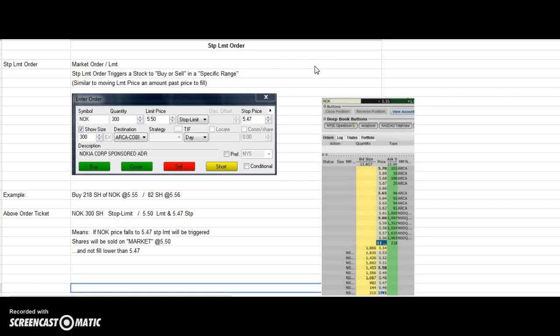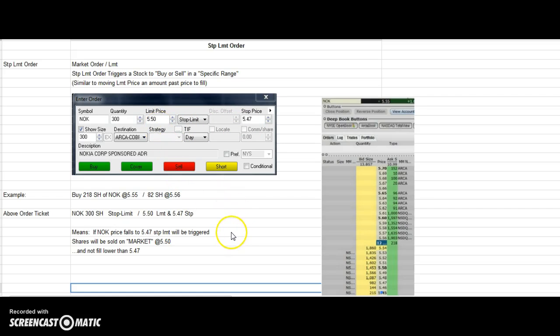What this means is, in the ticket here, as you can see, there is a stop price and a limit price. If you were to have bought Nokia, and so you bought 218 shares of Nokia at 555 and 82 shares at 556 in this market depth, you could put in this stop limit order with a stop price of 547 and a limit of 550.